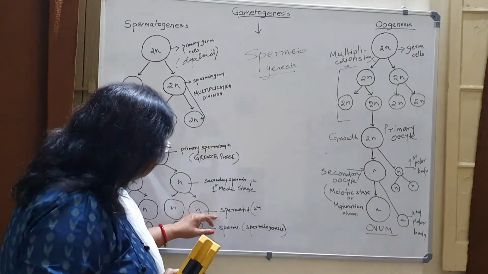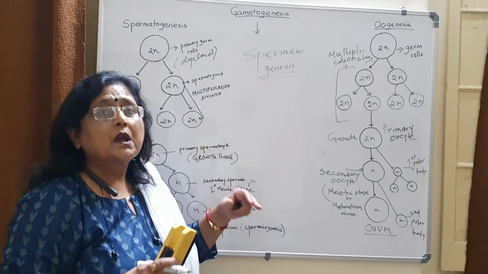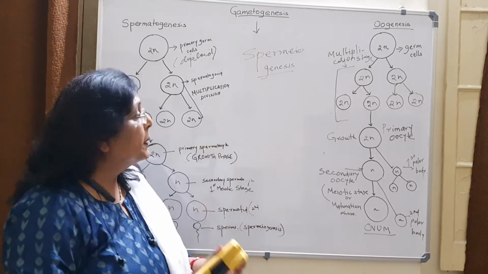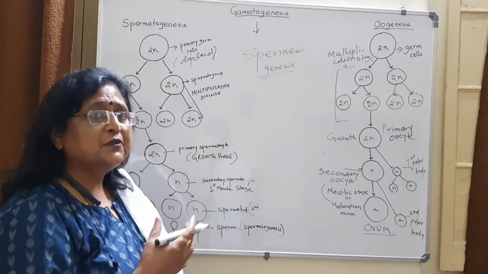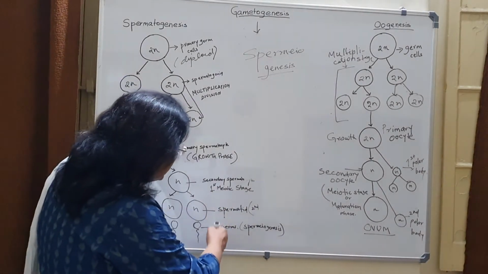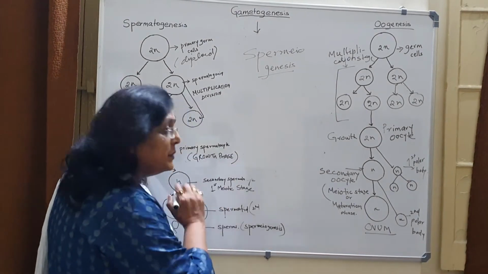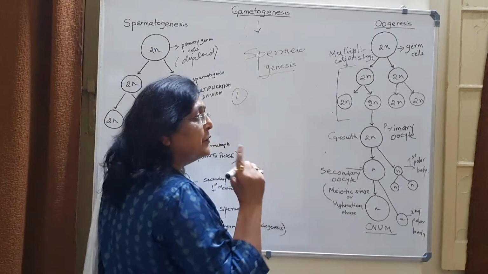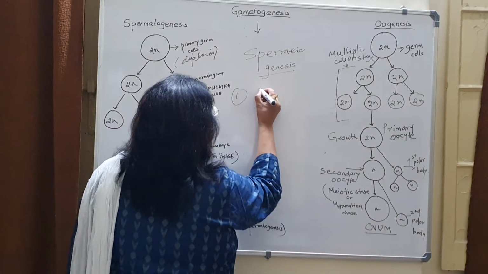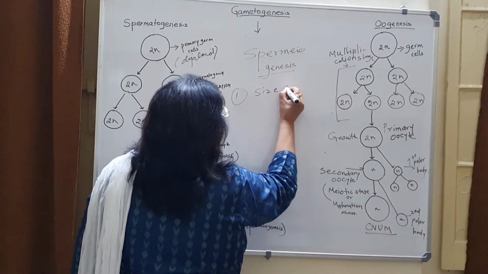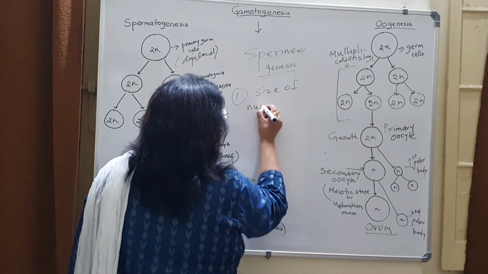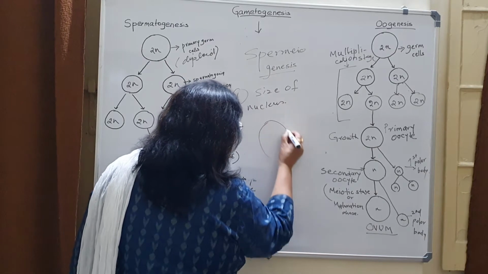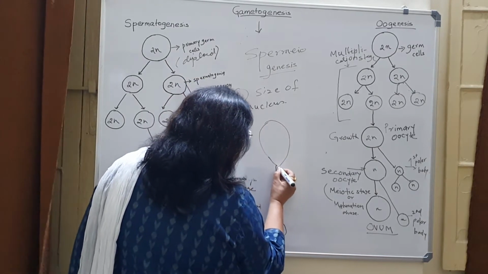So the spermatids now undergo transformation and become a mature sperm. Now let us see what transformations take place during the formation of sperm from the spermatid. The first and foremost change is in the size of the nucleus. The nucleus is present in, you can say, the head of the sperm.